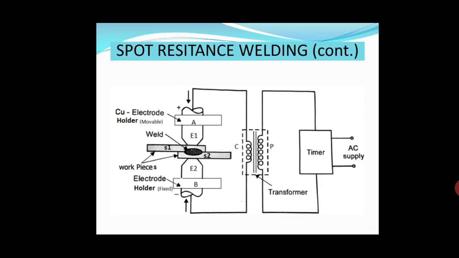One electrode is connected to one end of the secondary winding and the other electrode is connected to the other end of the secondary winding. Once the workpieces are set, the electrodes press them lightly and the current starts flowing.